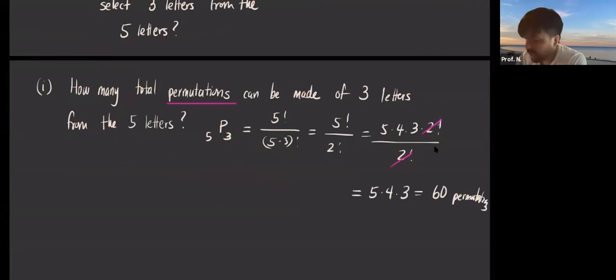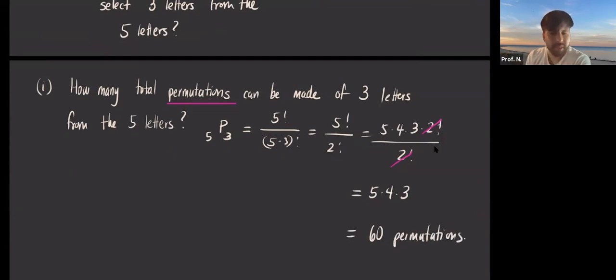What does that mean again, though? I know what 5 times 4 times 3 is. I know I could do that in a calculator or by hand. But what does that mean in the context of our problem? There's 60 permutations of 3 letters that can be made out of 5 letters. What does that mean?